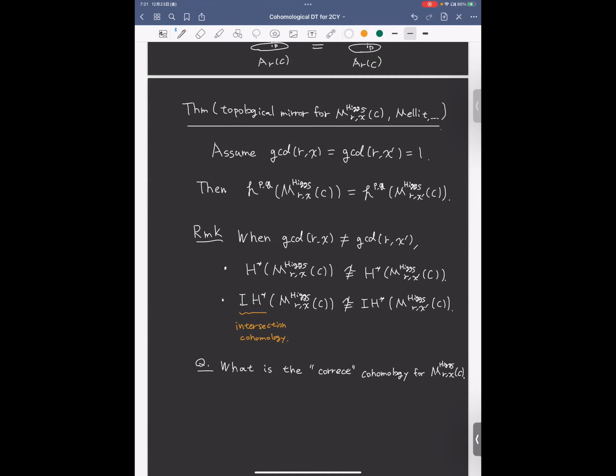Here, what I mean by correct is that it satisfies the topological mirror symmetry phenomena for all R and chi without coprimality assumption.